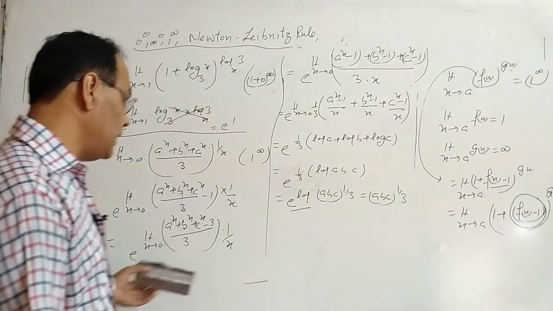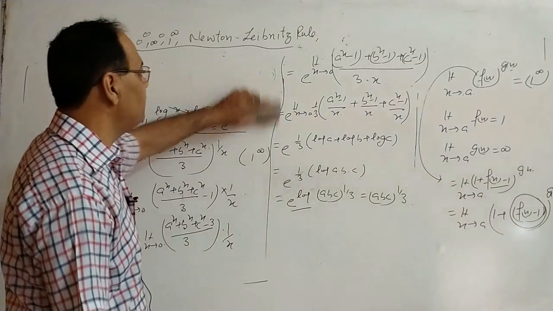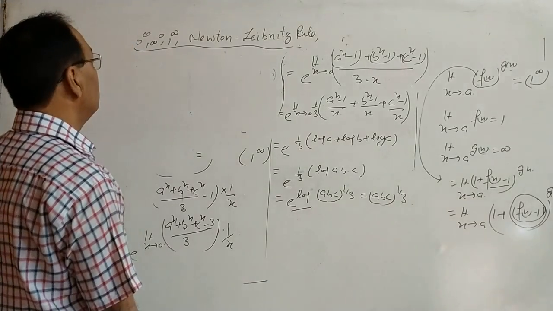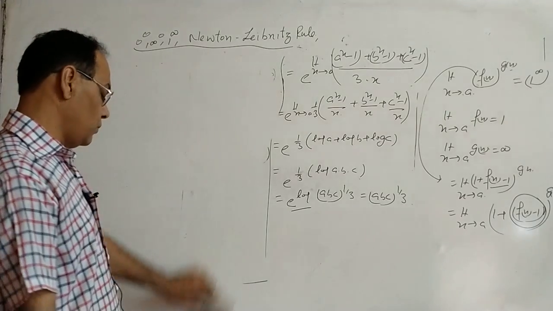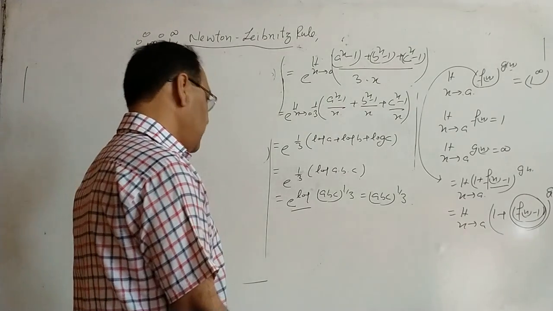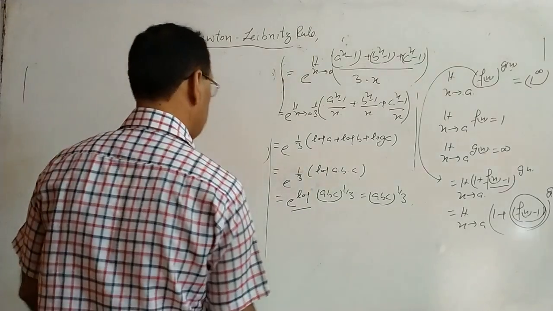Let me take one more on the basis of the same. After that we will take 2-3 more problems on the basis of Newton's Leibniz rule. Okay, I'm taking one more question.